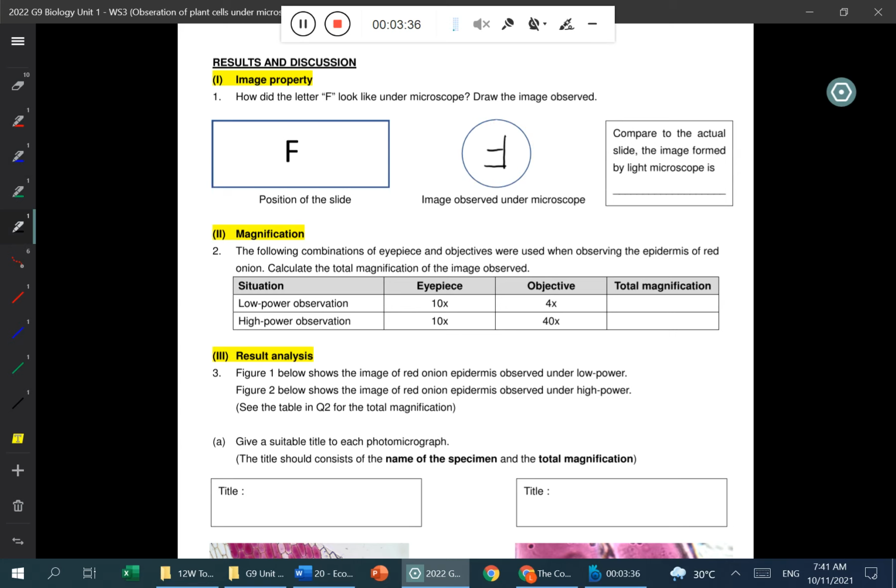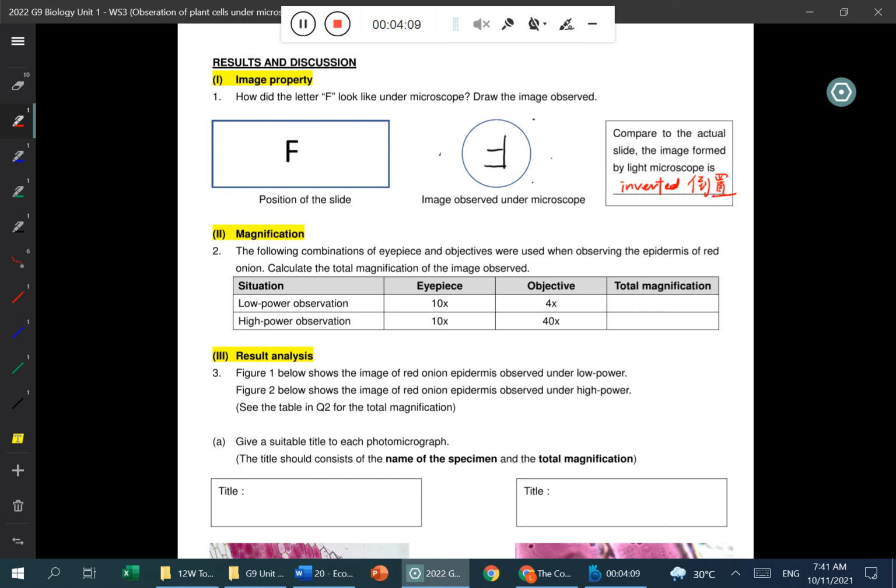It's upside down, and in terms of left and right, it's also inverted as well. So we describe that the image formed by light microscope is inverted, comparing with the original object.